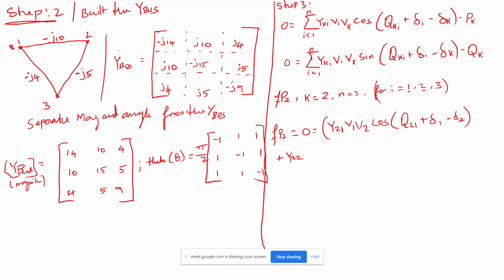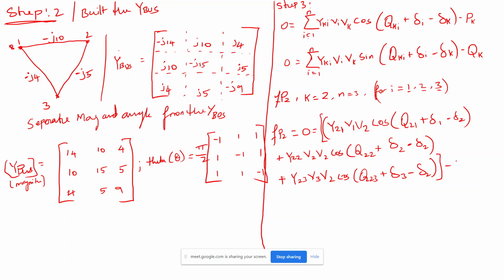So y 2 2, and vi is nothing but your v2, and vk is also v2 cos q, k is what? 2, and I is what? 2, q 2 2 plus del I is 2 minus del k is 2, and now the n is 3, so still it is going on, so plus y 2 3 v3 v2 cos q 2 3 plus del 3 minus del 2, and this whole minus p.